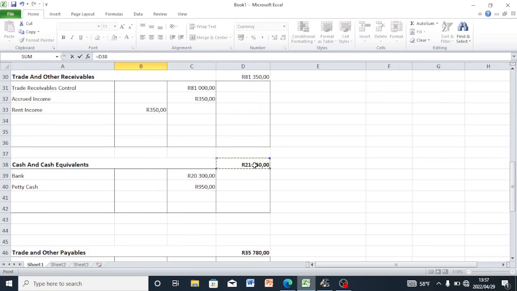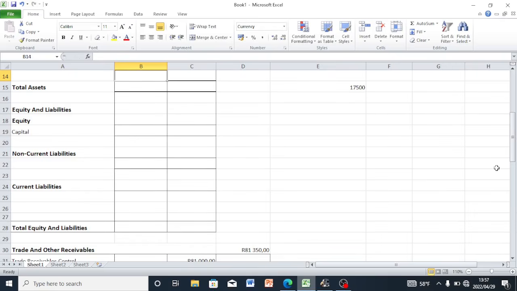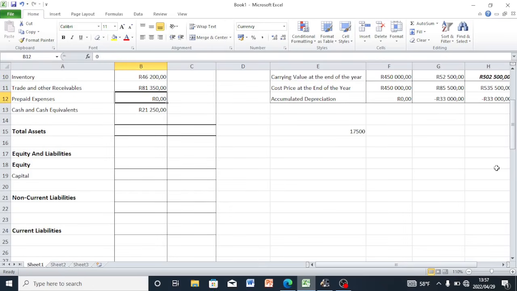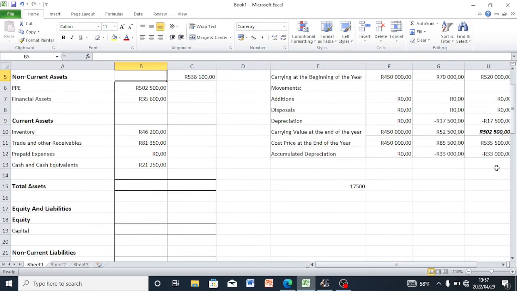We are done with our note. Cash and cash equivalents, which is 21,250. We are done with our current assets.